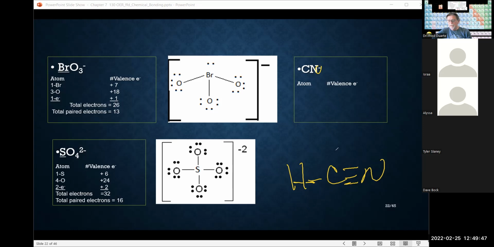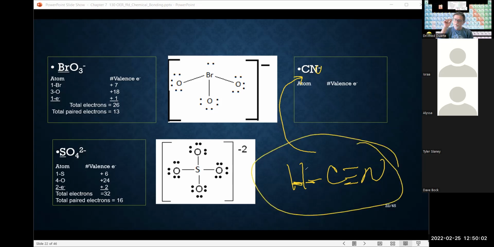When we do that, we form this ion. So you see, initially that hydrogen brought in 1 electron in its inventory when it was HCN. But then when we made it into an ion, we had to account for the negative charge, and we're going to add 1 into it.